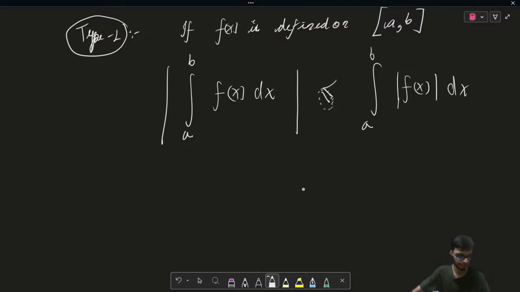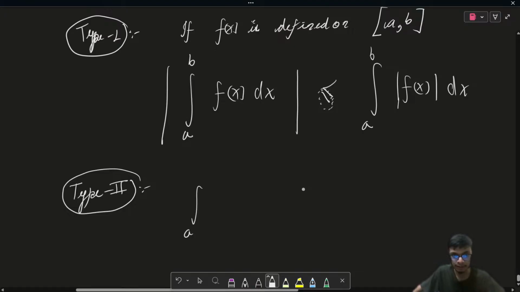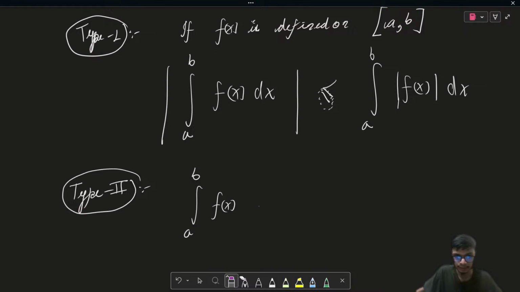Now you might also have integrals of this form: an integral from a to b of the function f of x, multiplied with another function g of x, where both g of x and f of x are defined within the limits a to b.